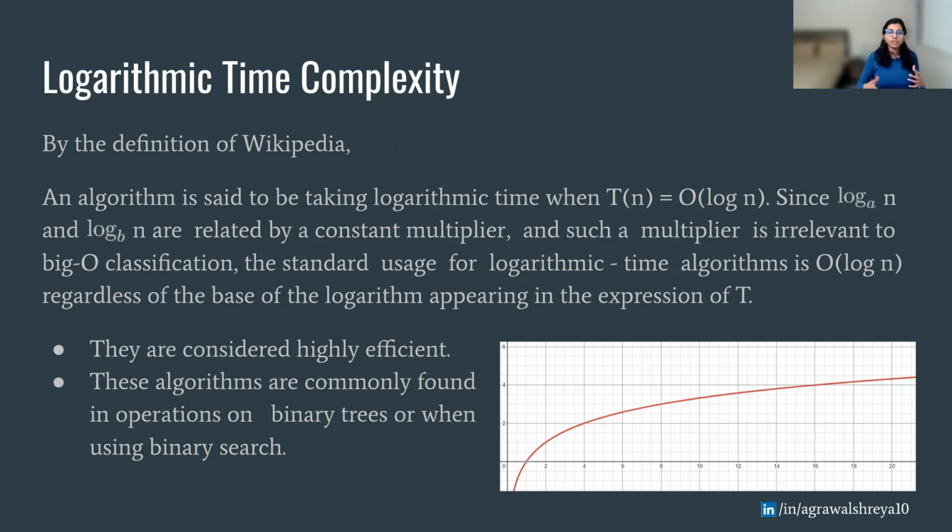Again, the same thing, because when we are talking about a larger set of input data, at that time these constant multipliers become very insignificant and irrelevant. So we won't be focusing on that because we only have to focus on the rate of the growth rather than the growth itself. I hope I was able to answer.